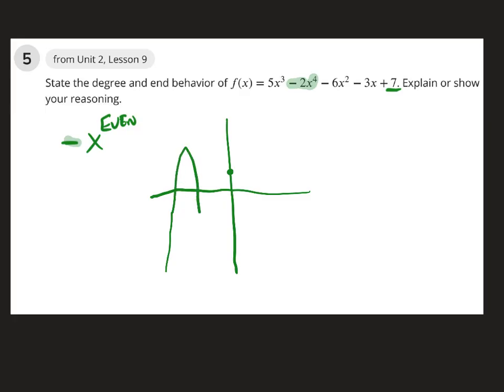So it does something like this. Something like that. You can graph it and get more exact, but just something like that. All we're worried about on end behavior is where the thing winds up. Both ends are down. When it's even, both ends go to the same place. The negative out front tells us it goes down.